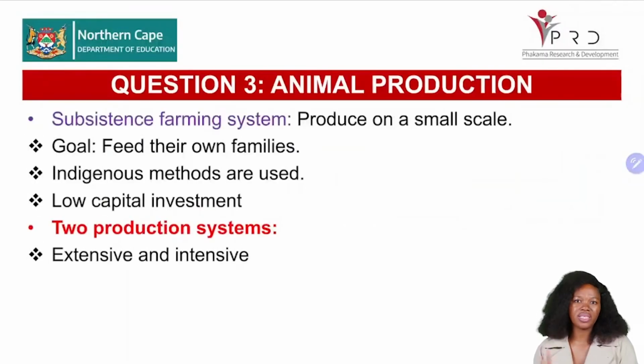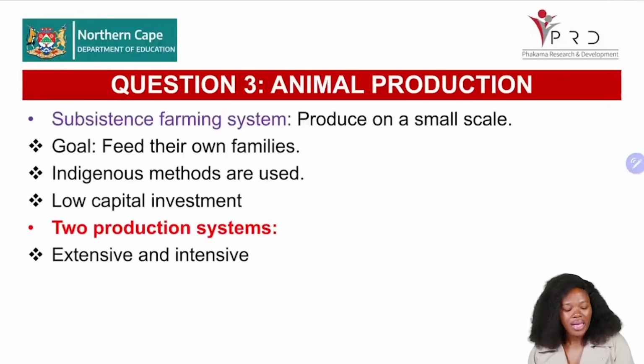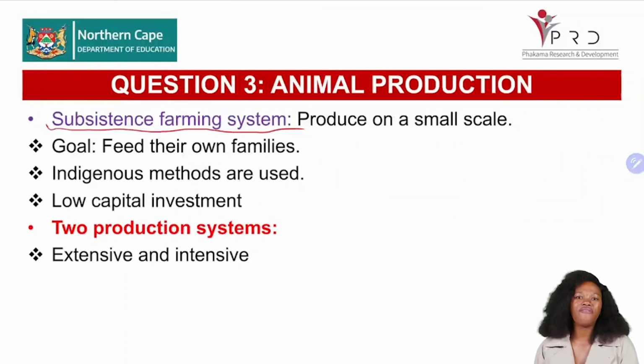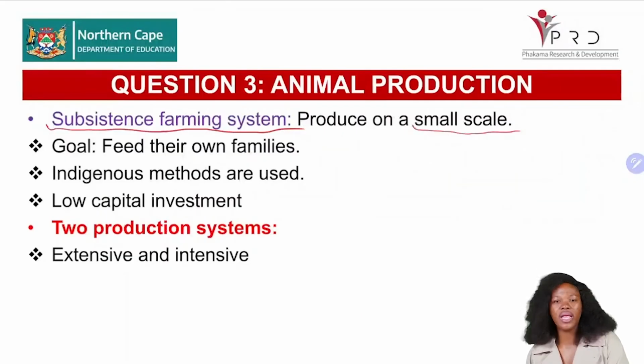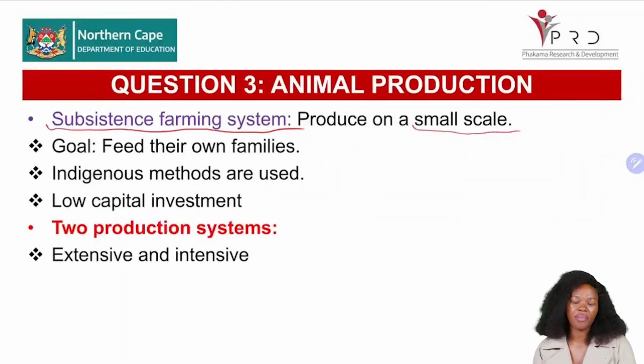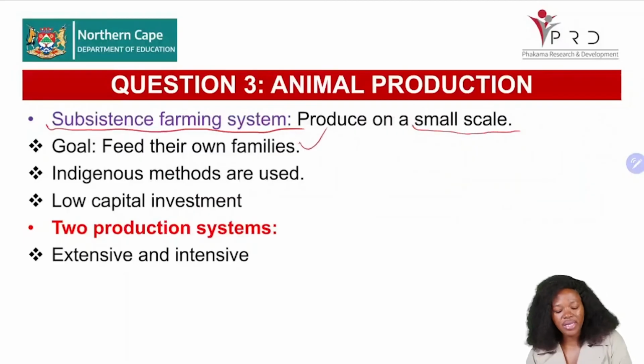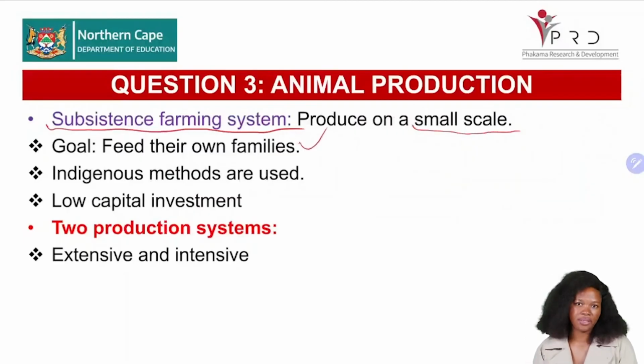Now, another farming system that we have is the subsistence farming system, where a farmer will produce on a small scale. There are few farm animals that are being raised. A goal is to feed their own families, right?